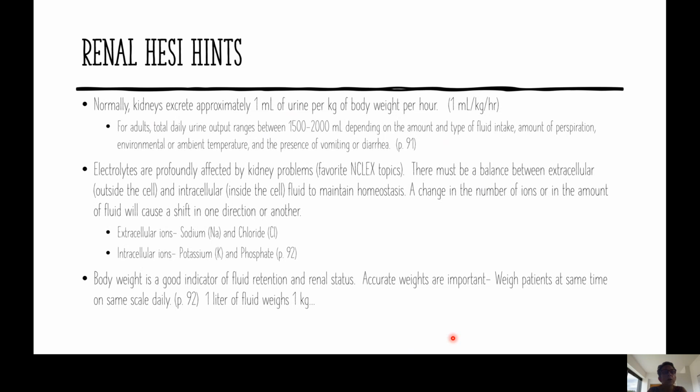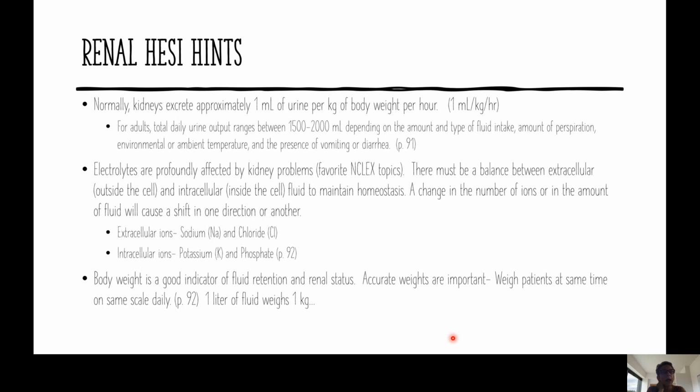All right, for adults, the total daily urine output ranges between 1,500 mLs and 2 liters, depending on the amount and type of fluid intake, amount of perspiration, environmental temperatures, presence of vomiting, and diarrhea. That's found on page 91. Electrolytes are profoundly affected by kidney problems.